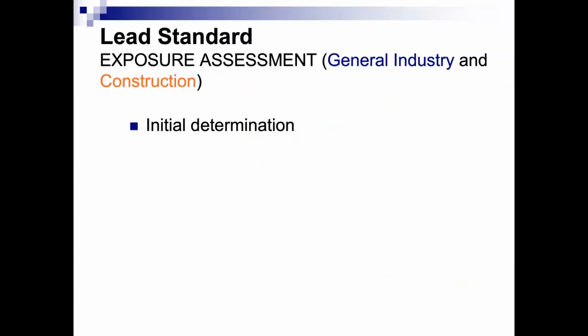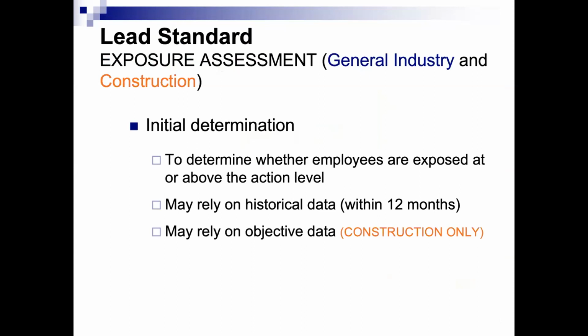So an exposure assessment is determining the exposure to employees. Again, under general industry and construction, we basically have pretty much the same requirements. The initial determination is to determine whether employees are exposed at or above that action level of 30 micrograms per cubic meter. You are allowed to rely on historical data. However, it's not very historical by the historical society's terms. 12 months is not that historical, really.